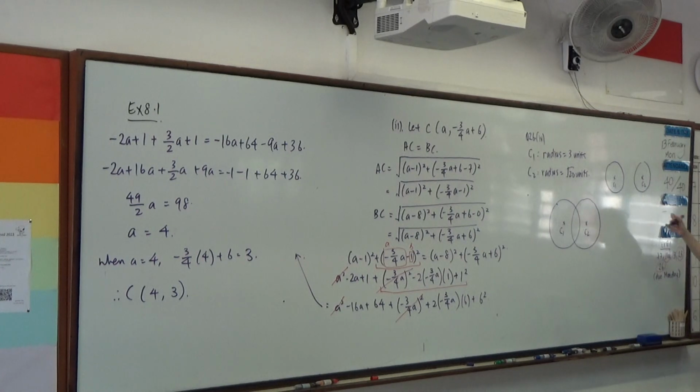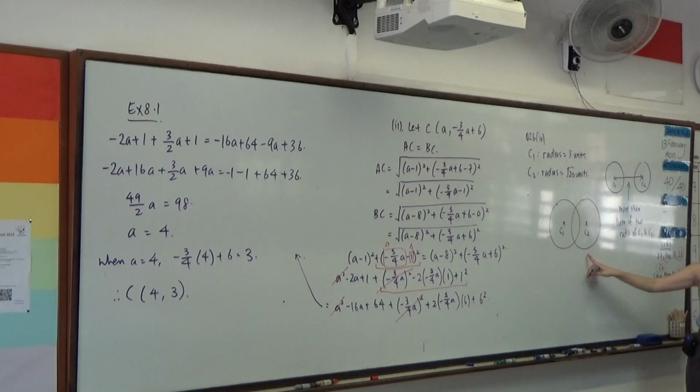What it will look like is that the distance from the center C1 to the center C2 will naturally have to be more than the sum of the two radii.